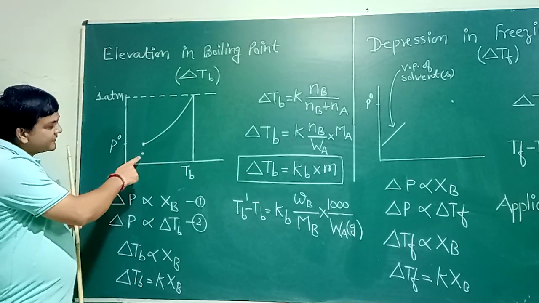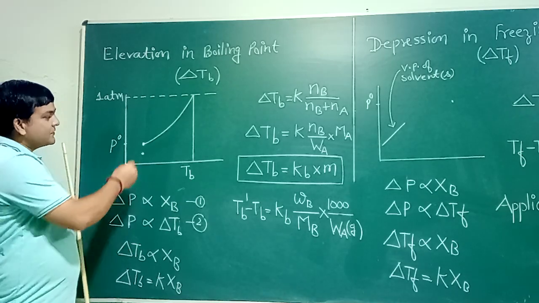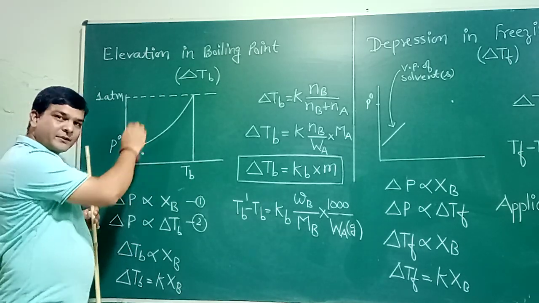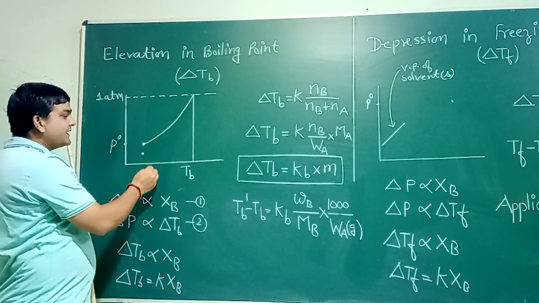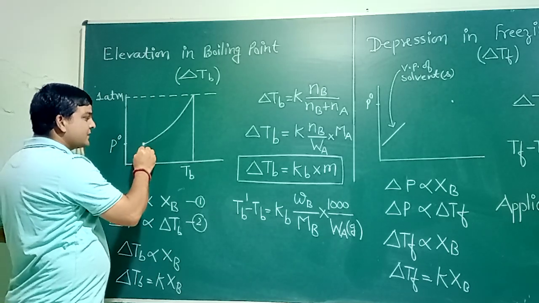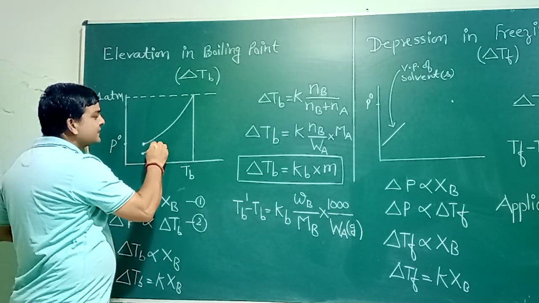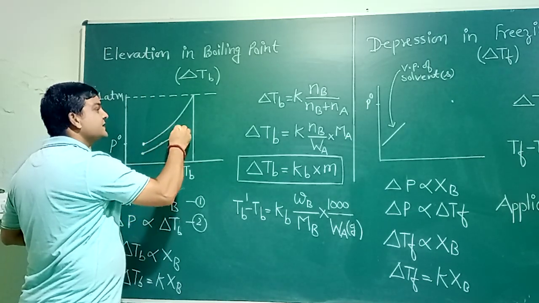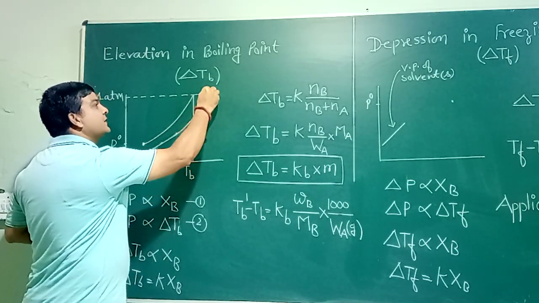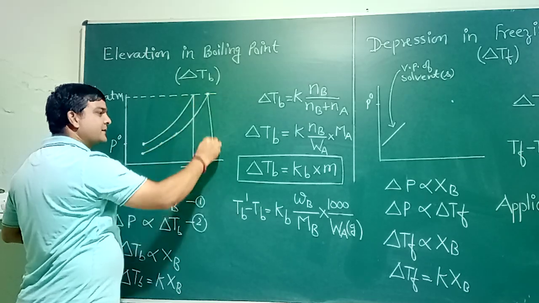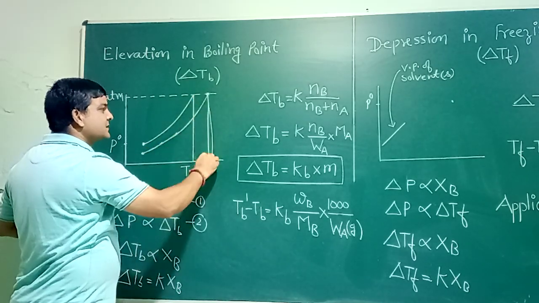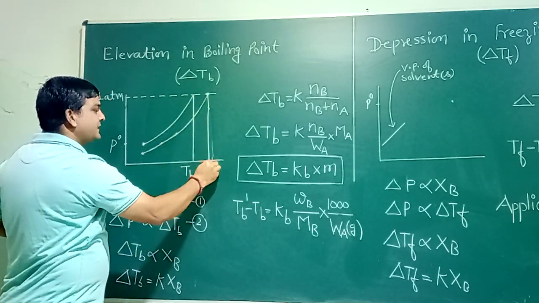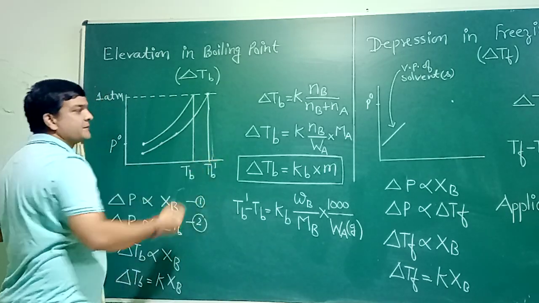Let this be the vapor pressure of solution, because we added non-volatile solute and vapor pressure has decreased. Once again, we increase temperature, and the vapor pressure also increases in a similar way. The liquid now boils at this particular temperature, T B dash.